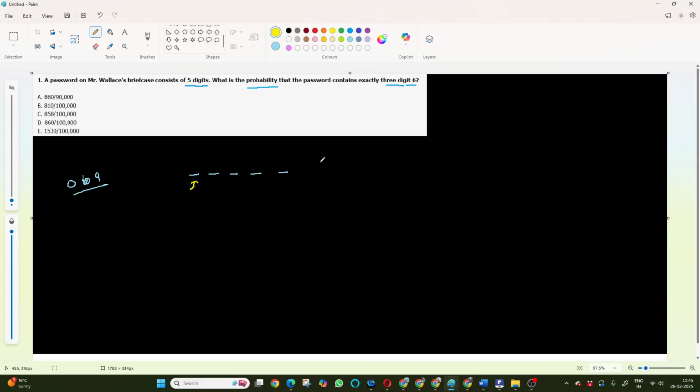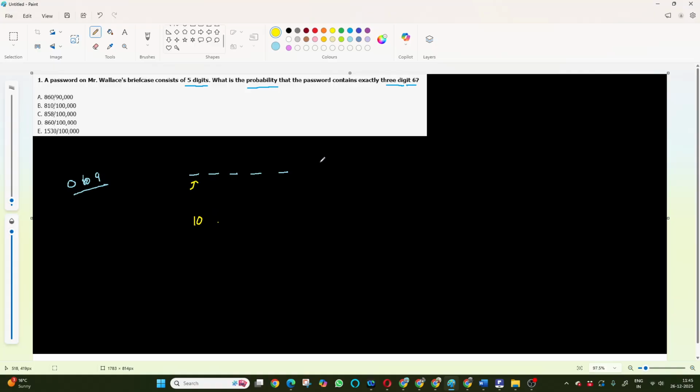In passwords, even the first digit from left can also be 0. So this slot has 10 possibilities for digits, and so is the case with the other four slots as well.